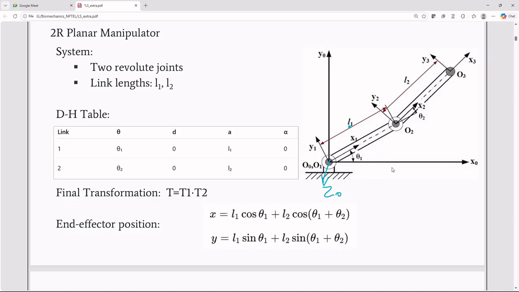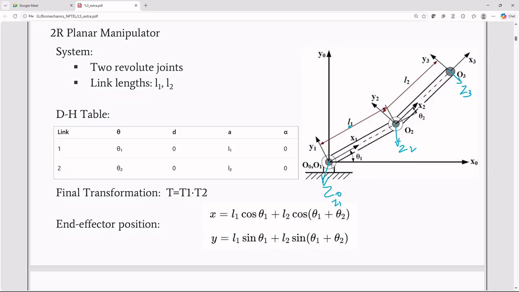So this will be z0, and this is z1, z2, and z3. All these z axes will be coming out of the plane.